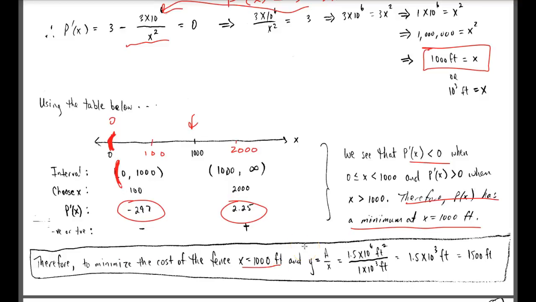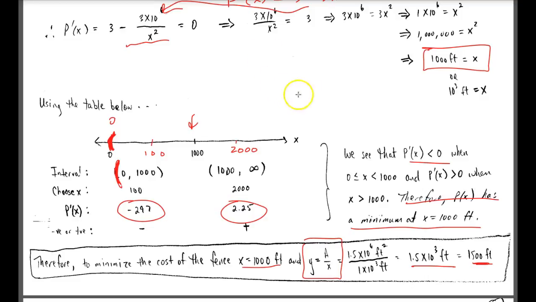So that's going to have to be the length of the width side. We just plug 1,000 back into our original equation for y, which was A divided by x, or 1.5 times 10 raised to the 6 square feet divided by x. We end up getting 1.5 times 10 to the 3, which is the same as 1,500 feet.